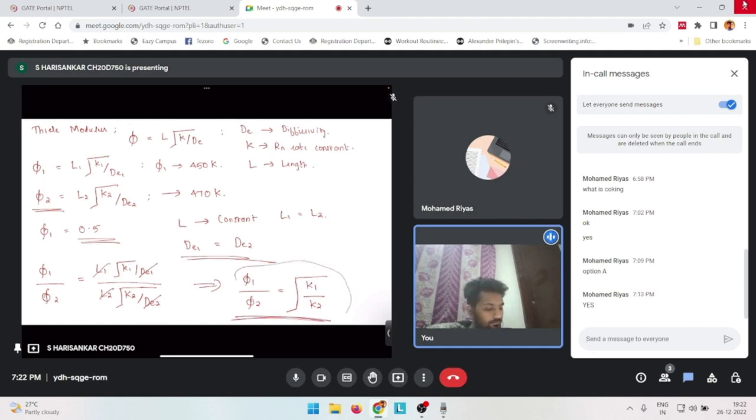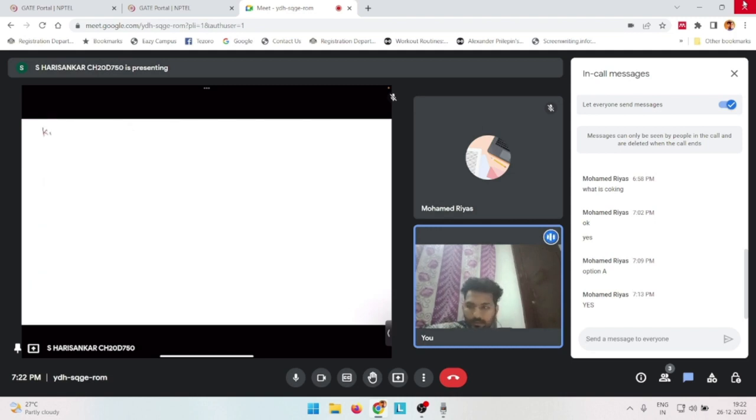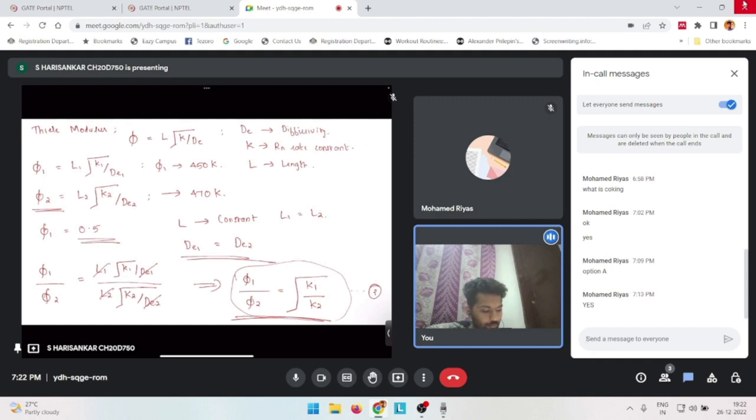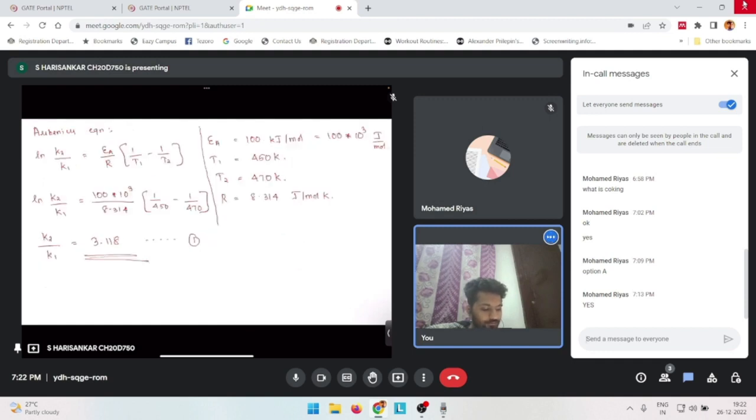So let us take this as equation 2. So we have two equations here. The first equation being K1 by K2 is equal to 1 by 3.118, because here it is K2 by K1 which is 3.118.